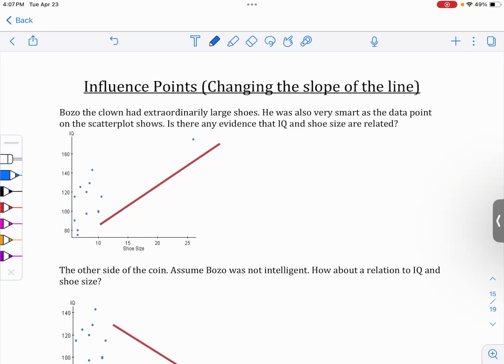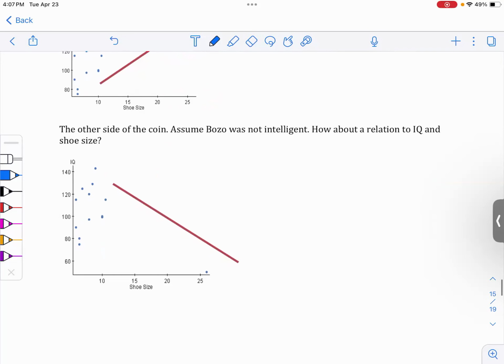In order to identify sometimes an influence point, you can change the Y value. So if Bozo still has very, very large shoes, oh, their size is actually like 26, apparently. If you then reduce his intelligence to like 50, and it totally changes the slope of the line, that guarantees that this is an influence point.